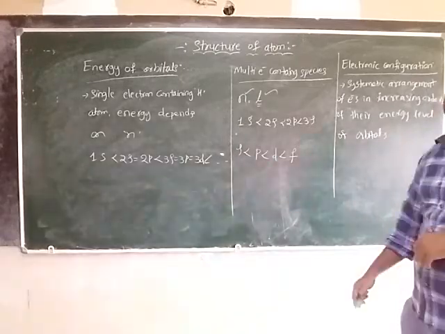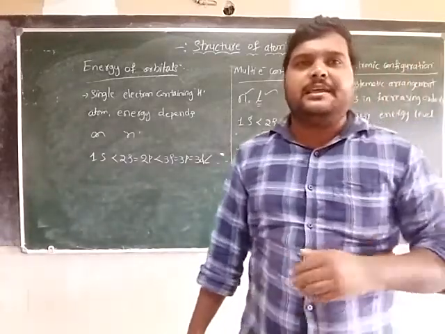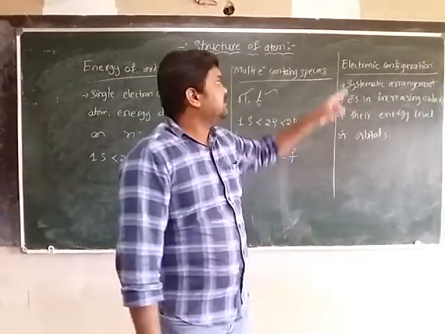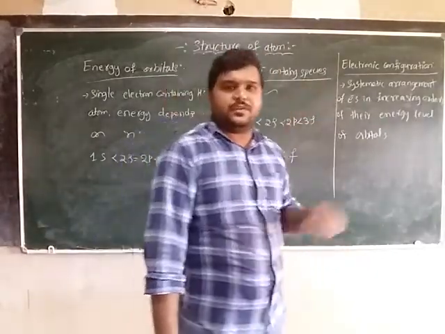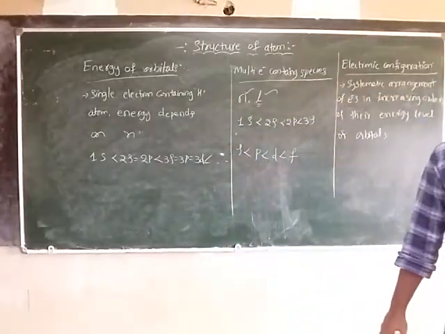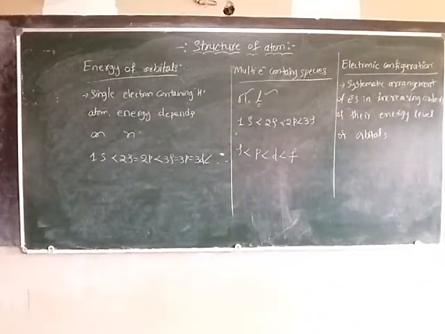So the systematic arrangement of electrons in the increasing order of the energy of the orbitals, that is called electronic configuration, for multi-electronic species.